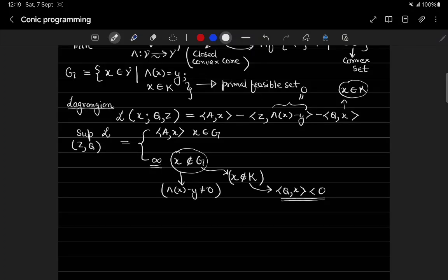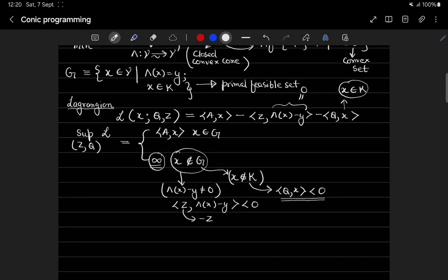So this gives us the infinity here. Similarly, if I have this not equal to 0, then I can appropriately choose z, lambda x minus y, such that this quantity is less than 0. This is because this quantity will either be positive or negative, and based on the sign I can choose z to be minus z or plus z, and then I can rescale the z again to get infinity.